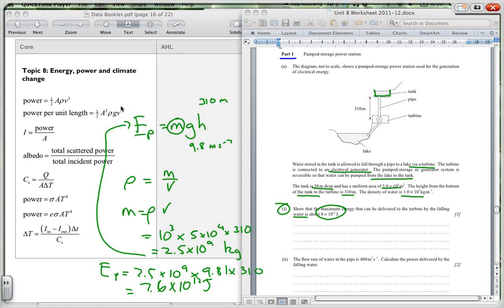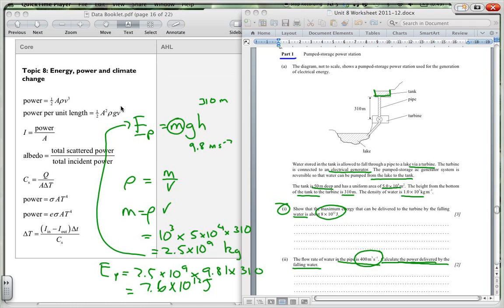Now it says next that the flow rate of the water in the pipes is 400 meters cubed per second. Calculate the power delivered by the falling water. So in looking at this, it's 400 meters cubed per second that is going through, and we want to calculate the power delivered by the falling water.